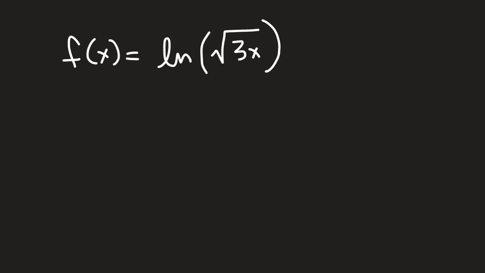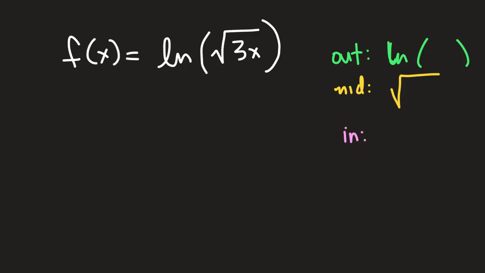So our outermost function is the natural log function. And then our next one, our middle, is the square root function. And then finally, our innermost function is 3x, the linear.